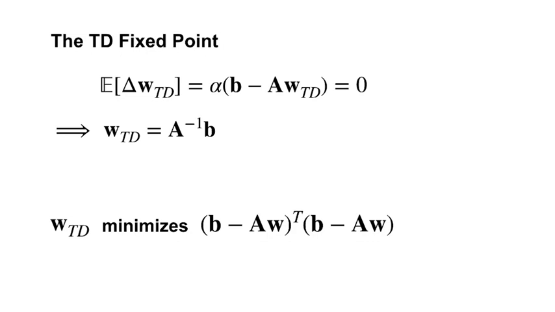Linear TD similarly approximates the solution to the Bellman equation, minimizing what is called the projected Bellman error. The details of this objective are beyond the scope of this course, but you can refer to the course textbook for more detail. The key takeaway is that even though TD does not converge to the minimum of the mean squared value error, it does converge to the minimum of a principled objective based on Bellman equations.